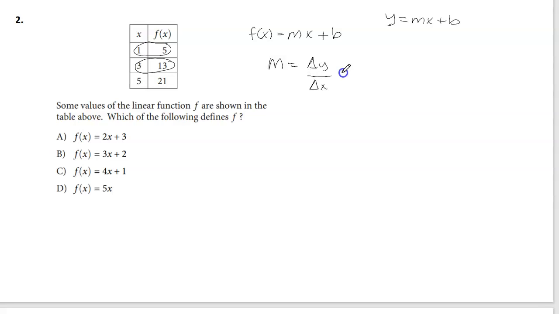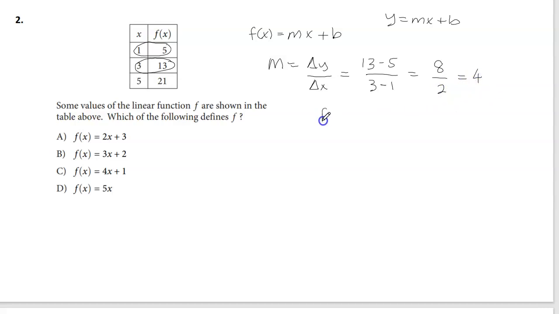If we choose these two, I subtract the first from the second: 13 minus 5 divided by 3 minus 1. The top is 8, the bottom is 2, so the slope is 4.